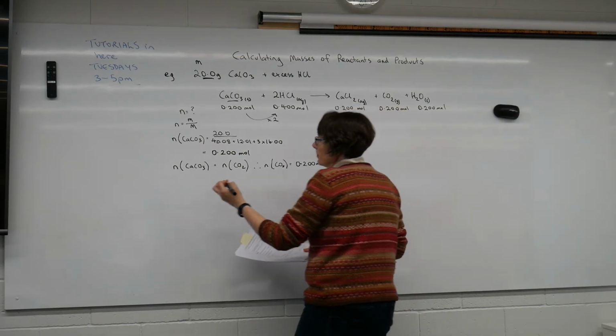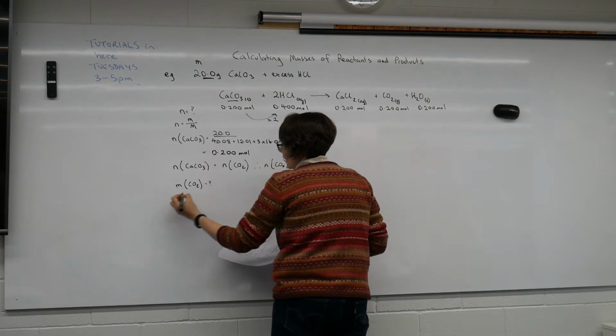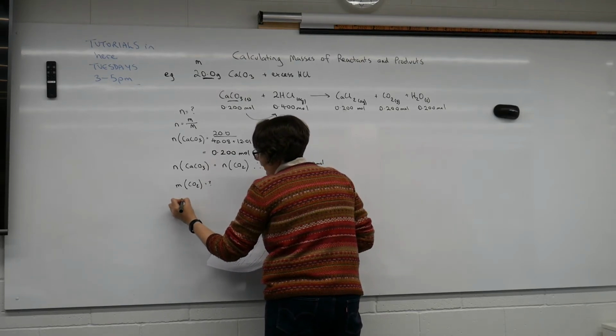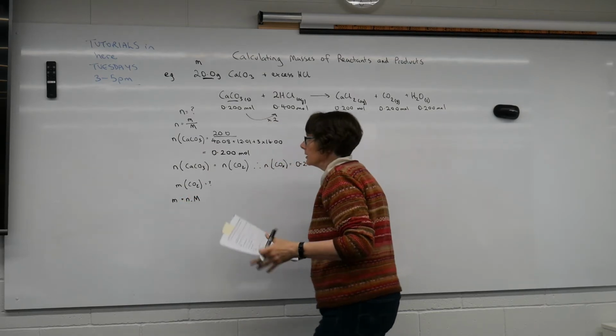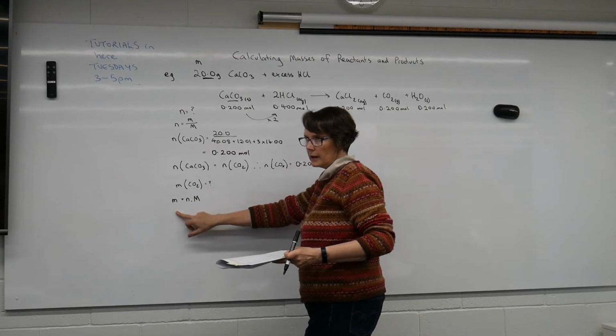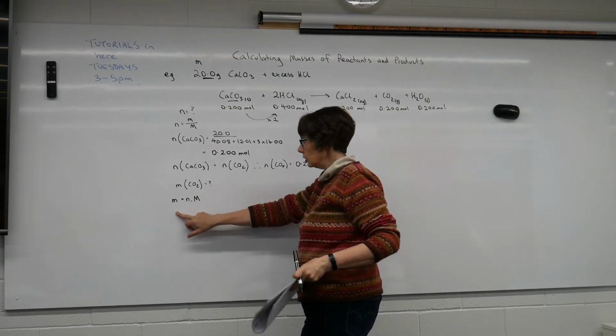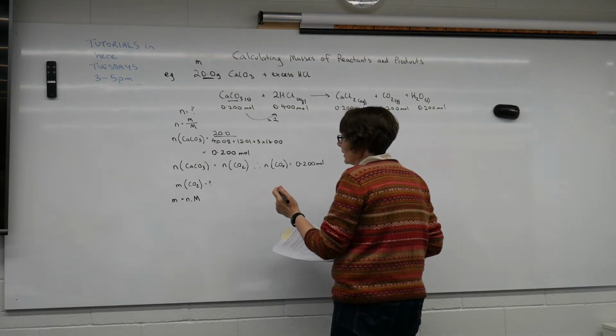So I want to get back to my mass of carbon dioxide. And my mass is equal to my moles multiplied by my molar mass. If I rearrange this equation so that the sample mass is now the subject, I'll end up with this arrangement.